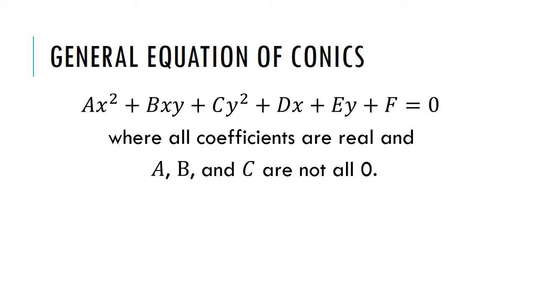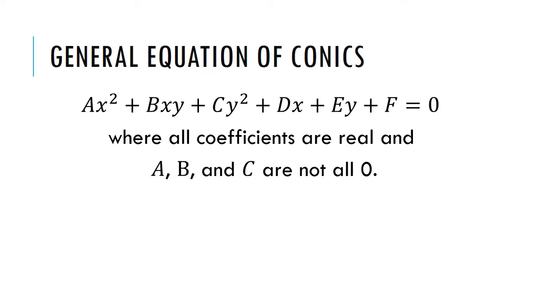There is one particular note that we have to consider. If the coefficient b is 0, that is, the xy term is missing, the resulting conic section has an axis parallel to one of the axes of the rectangular coordinate system, that is, parallel to the x-axis or parallel to the y-axis.